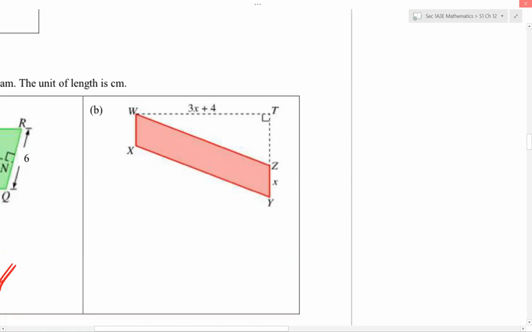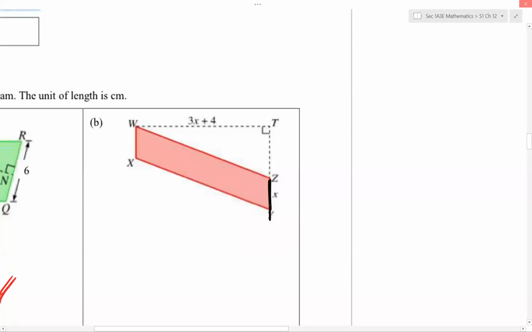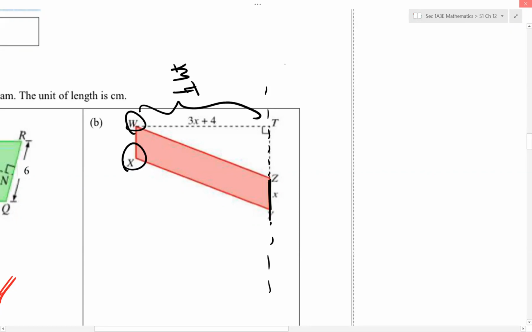So the base will be X. If the base is X, rotate your paper until the base is horizontal. If you need to, then extend both sides, set square, put a straight edge on the base, the other end, until you touch either W or X or anywhere in between. And you will find that this is our perpendicular height, when this is our base.